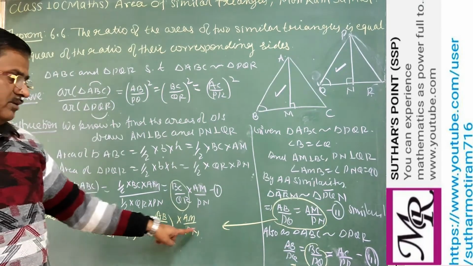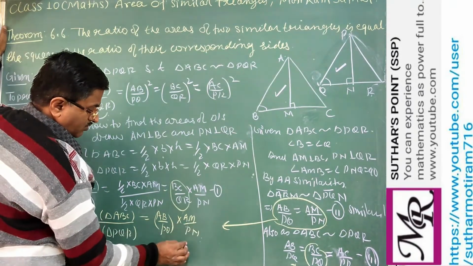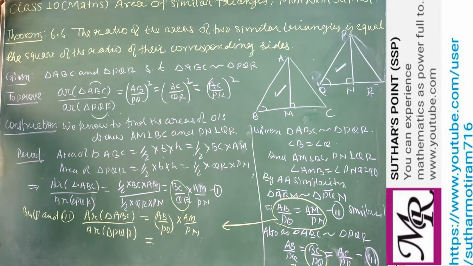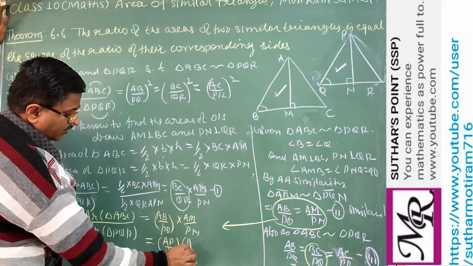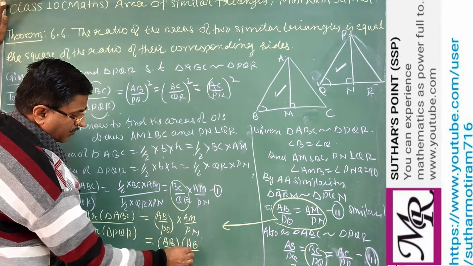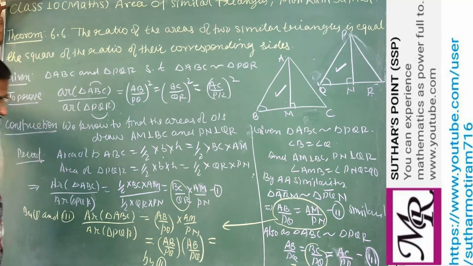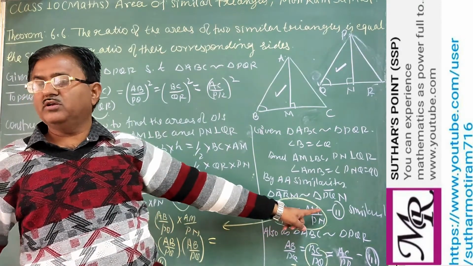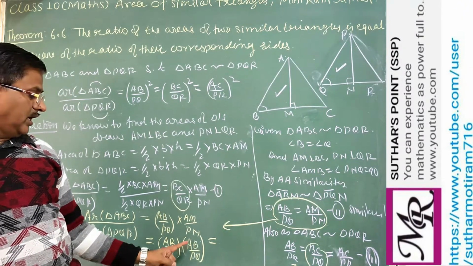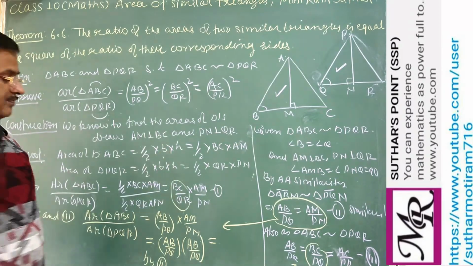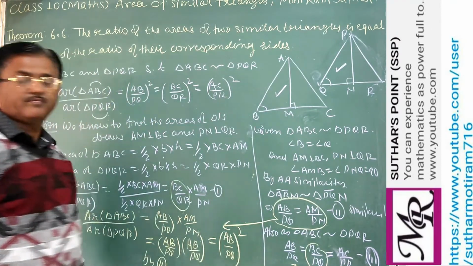AM upon PN can be replaced by AB upon PQ, which gives AB upon PQ into AB upon PQ. From the second equation, we replace AM upon PN with AB upon PQ. Now see dear student, AB upon PQ into AB upon PQ gives AB upon PQ whole square.